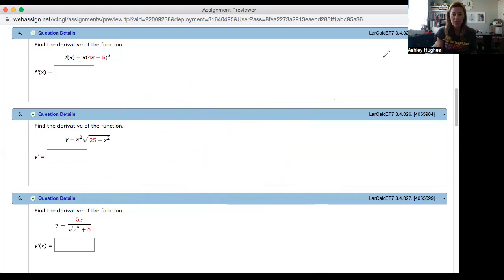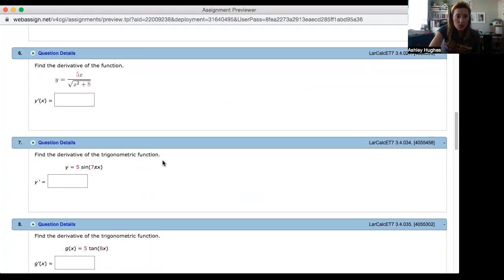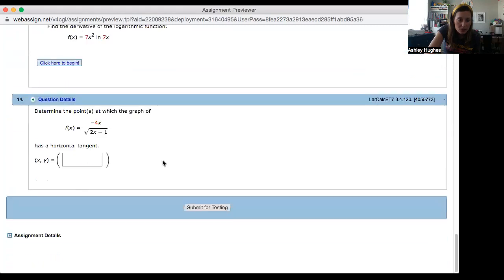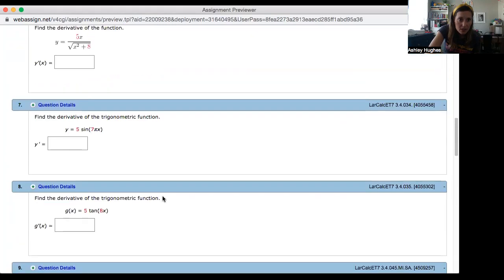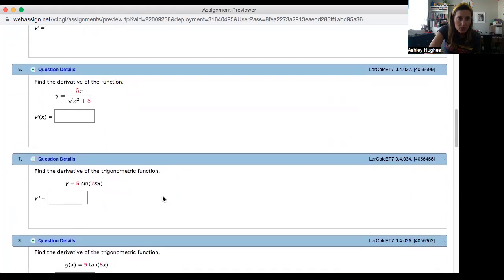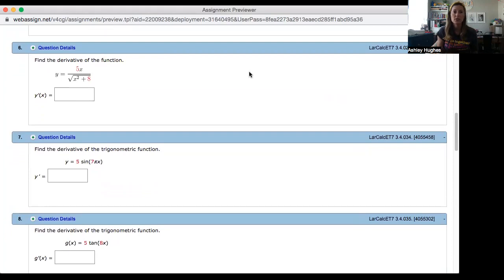So that's that answer. The next one is similar to that, but it's the quotient rule. So we're going to do the quotient rule here. The derivative of the top is 5 times the bottom. Then quotient rule is minus the derivative of the bottom, which you bring the 1/2 down because this is like x² plus 8 to the 1/2 power.